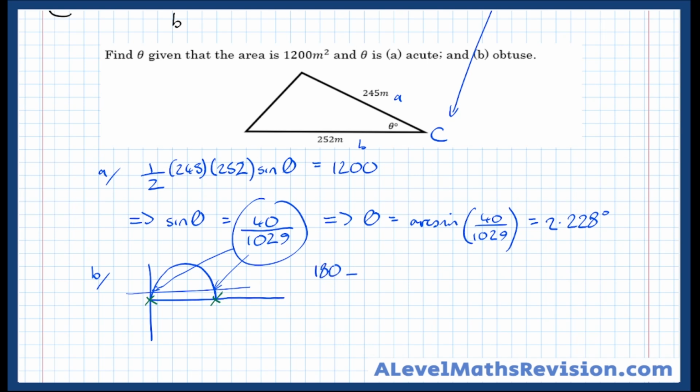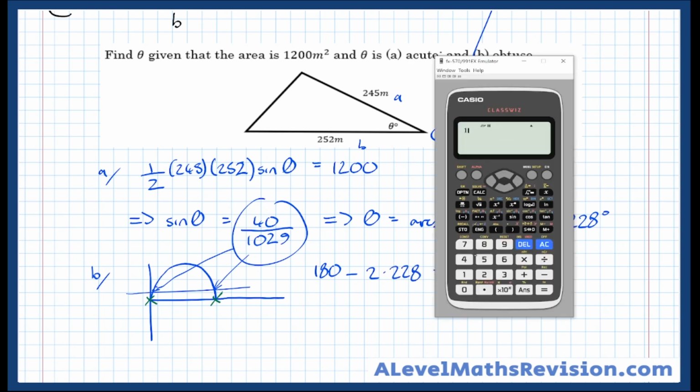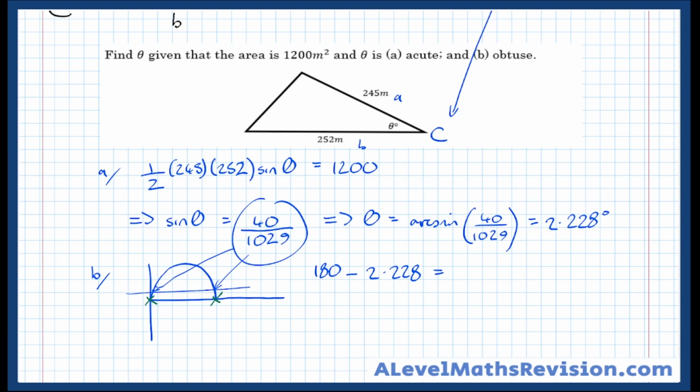So 180 minus 2.228 equals 177.8 degrees also. So there are two possible values of theta, 2.228 and 177.8, both of which give an area of 1200 meters squared. So that's the new part, the ambiguous case, where there's two possible triangles that will satisfy a set of conditions.